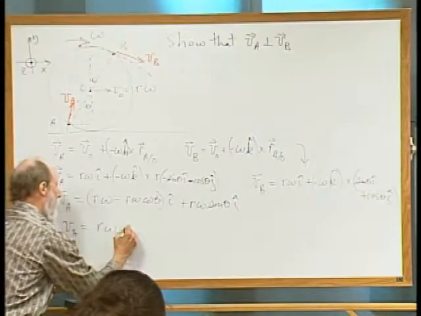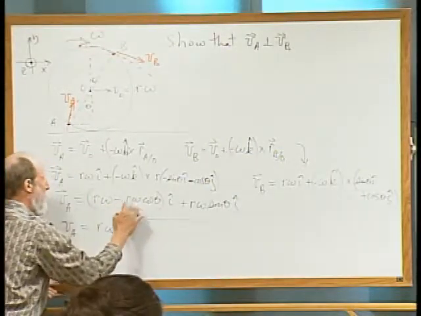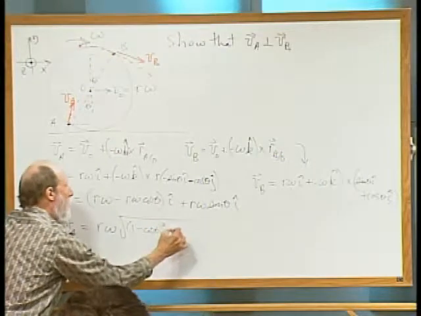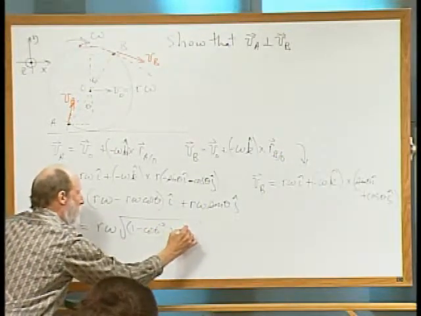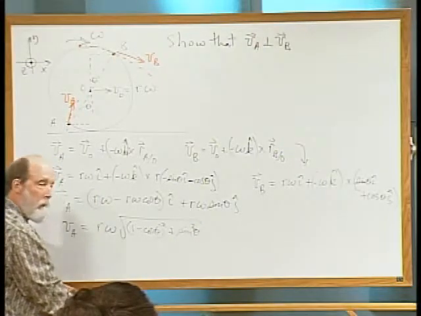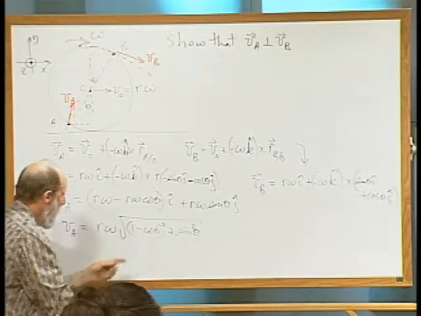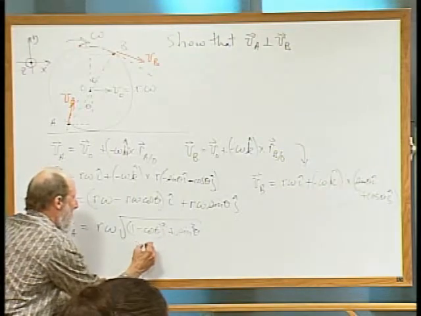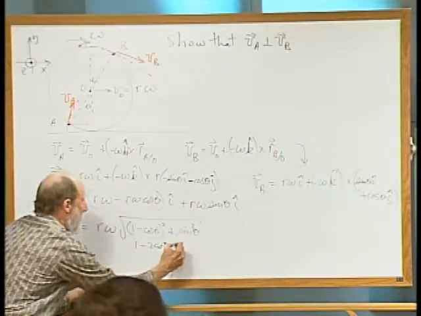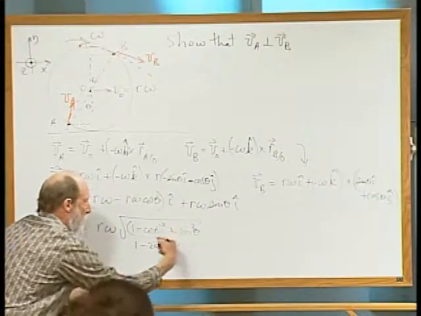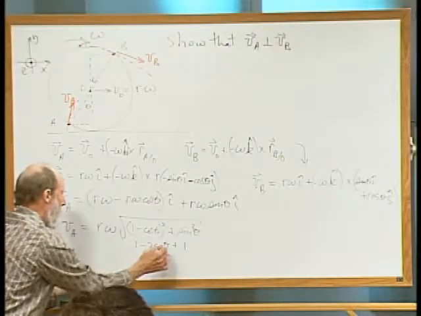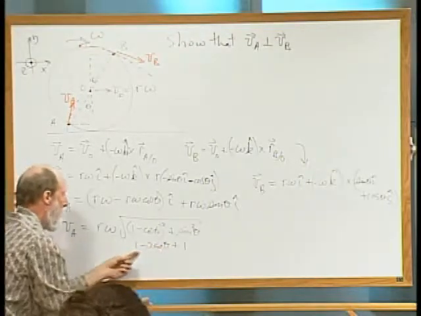So r omega is going to pop out of the radical, and you're going to be left with one minus cosine theta squared plus sine squared theta. When you multiply out the binomial, that's one minus twice cos theta plus cos squared theta, plus sine squared theta is one. And so you end up with a square root of 2 factor there.